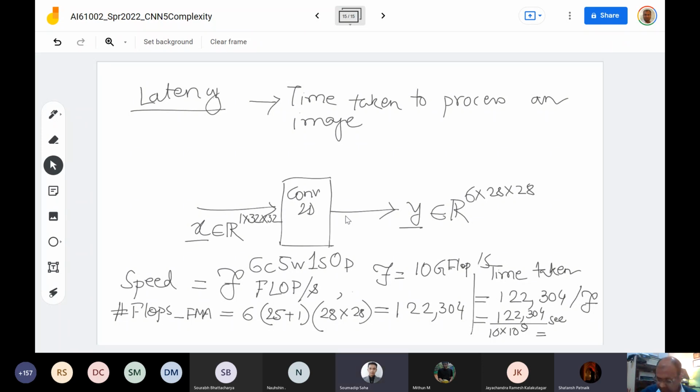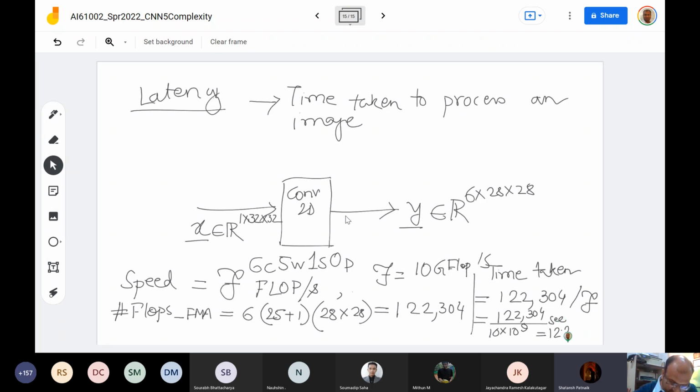So if we multiply it with 10 to the power 6, then we will get the value of 12.23. That will be in microsecond unit.